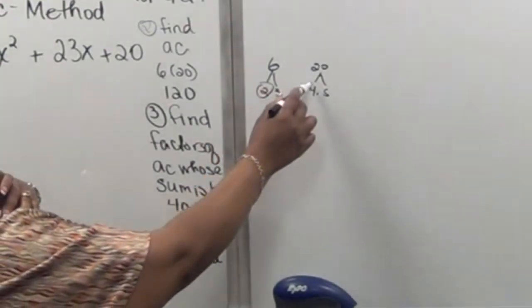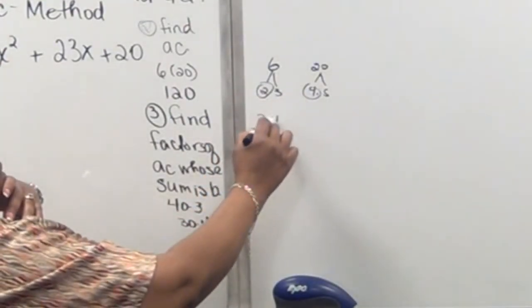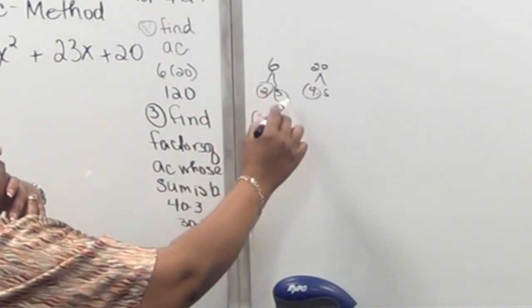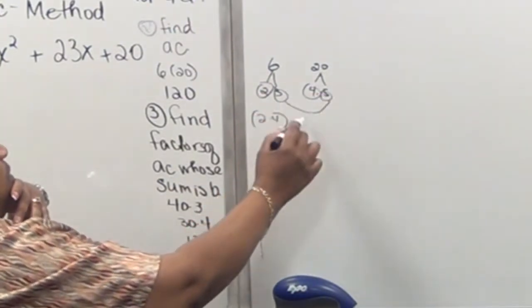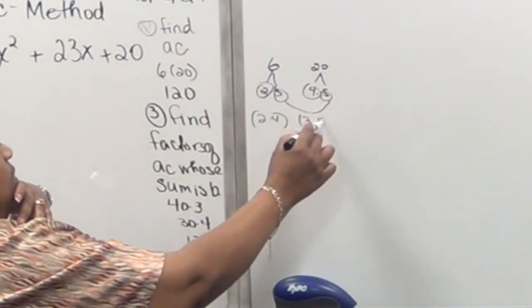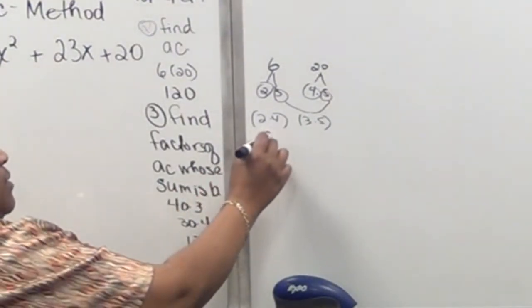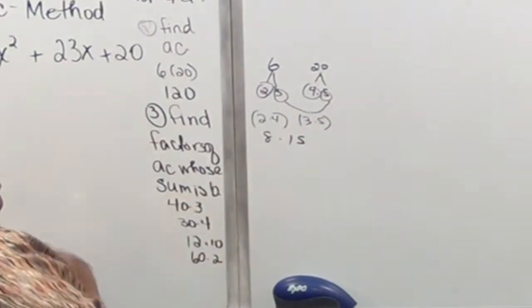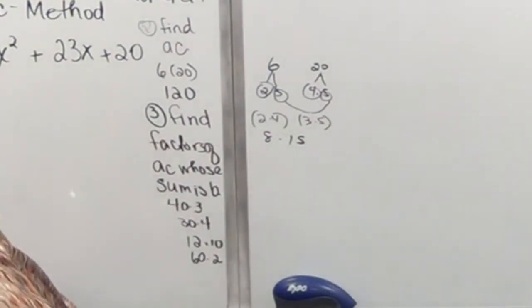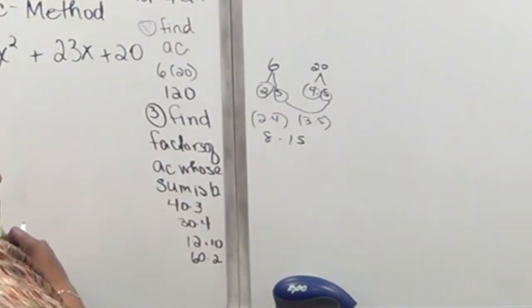So we're going to take these two and multiply them, and then take these two and multiply them. 4 times 2 is 8, and this is 15. If you multiply them together, do you get 120? Yeah. If you add it, what do you get? 23.